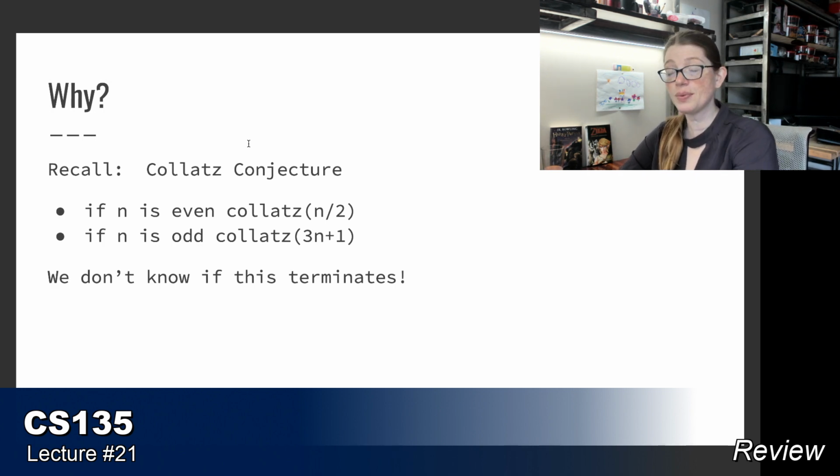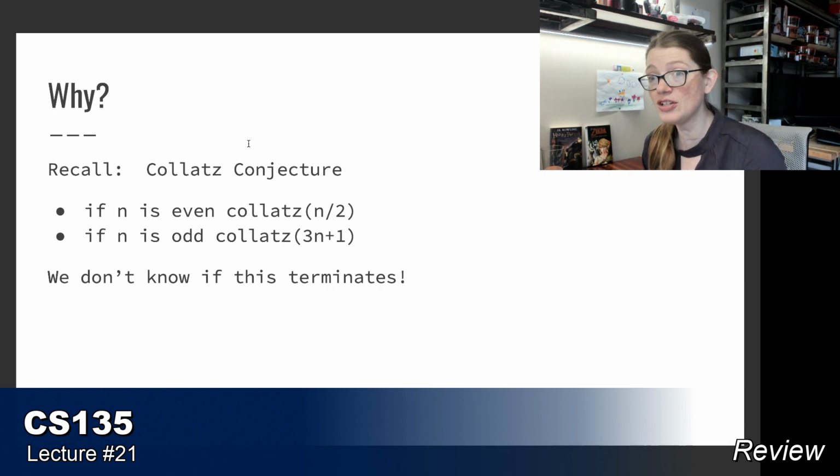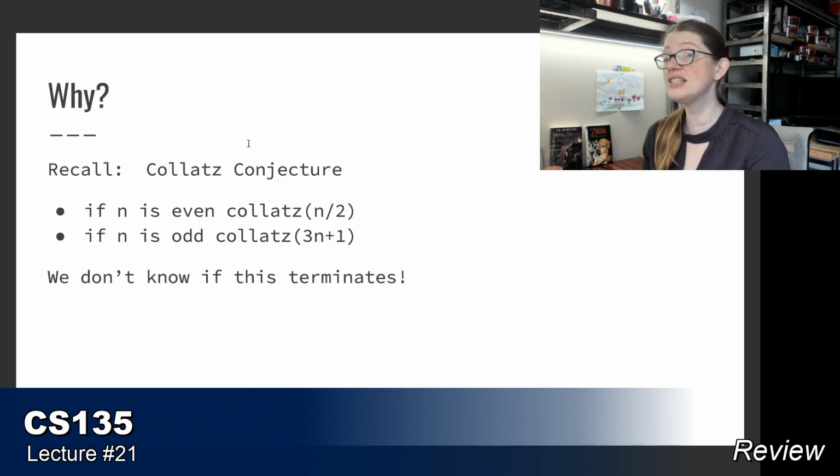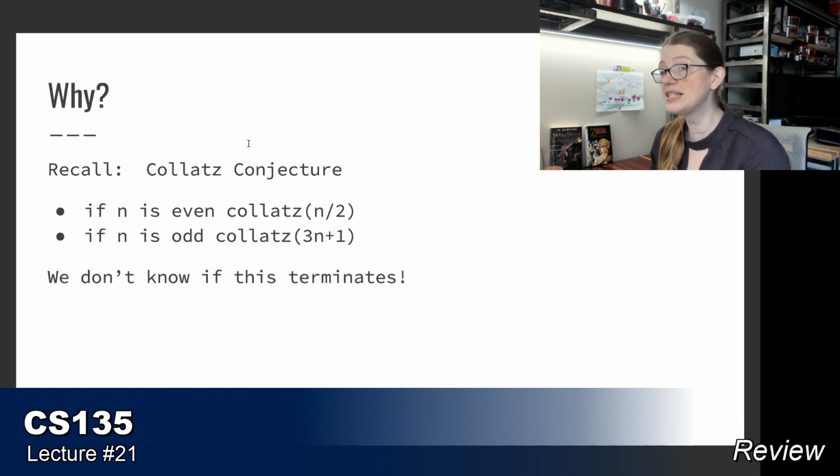This was a recursive function where if you call Collatz on n, and n is even, it calls Collatz on n divided by 2, which would be moving us towards the base case of n equals 1. But if n is odd, we don't move towards the base case at all. We call Collatz on 3n plus 1.